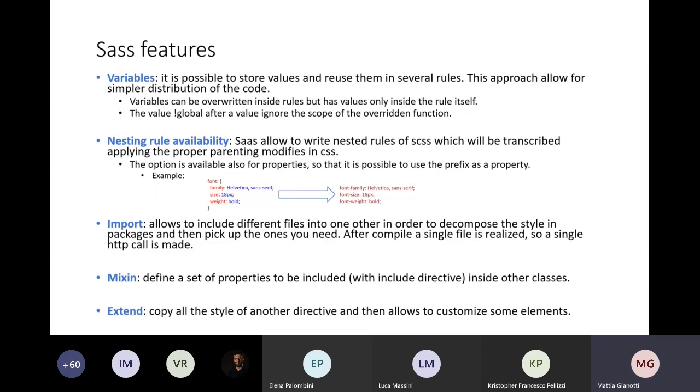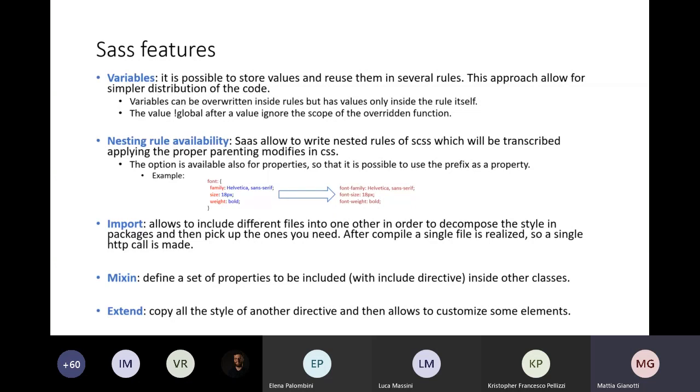Then when you need to create the style for a page, you just include all the elements that are going to be placed inside that page. In this way, you are much more efficient than creating everything from scratch every time, or importing everything all the time, which is the other option in standard CSS.